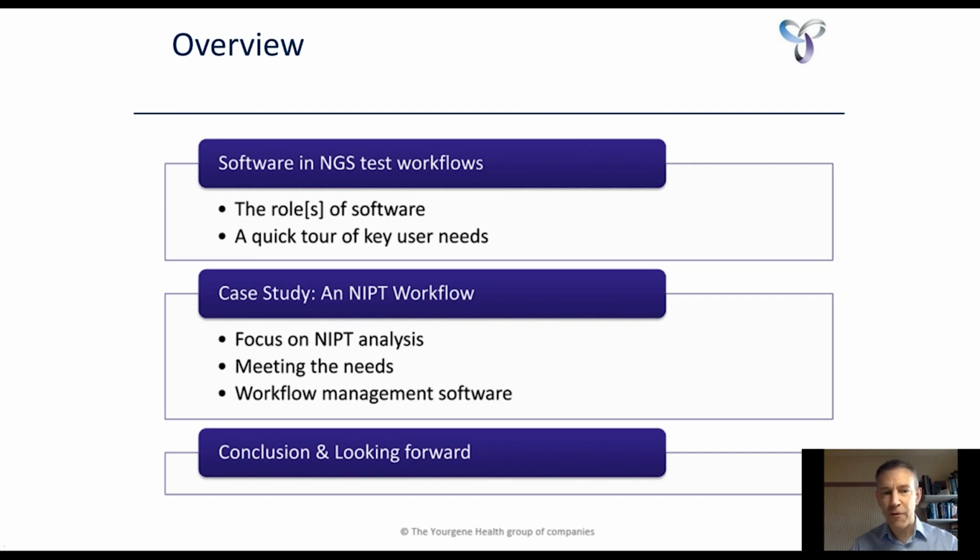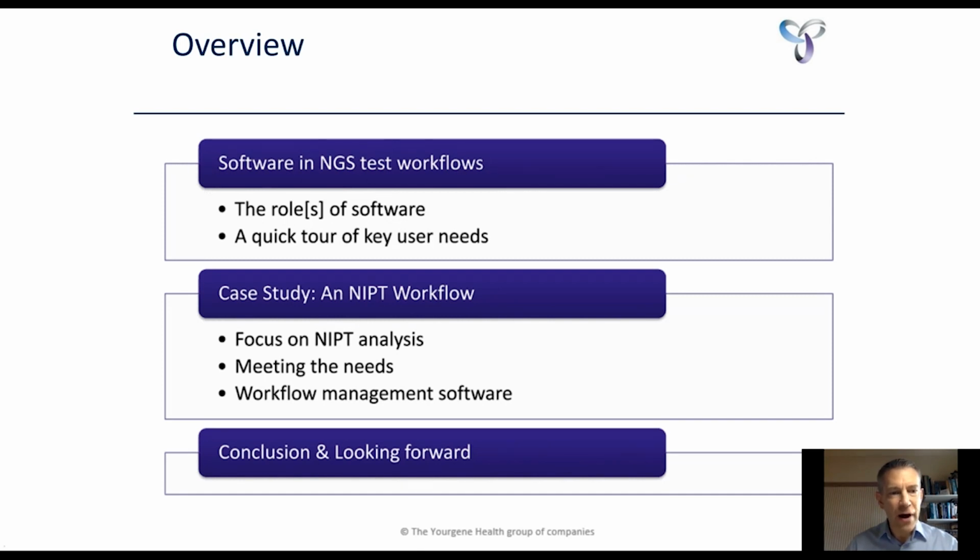We're going to have a bit of a focus on NIPT analysis to see how all the major parts work. We're going to talk about how we can meet those key needs that I would have talked about before. A little bit about workflow management software as well. And then the final section of a conclusion plus a little bit of looking forward to what we see coming in the future.